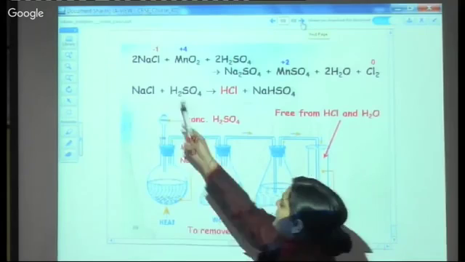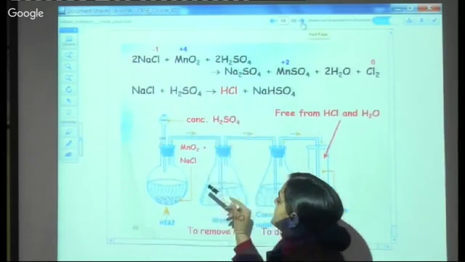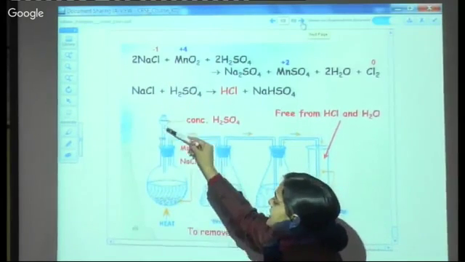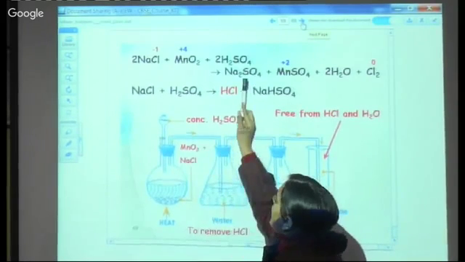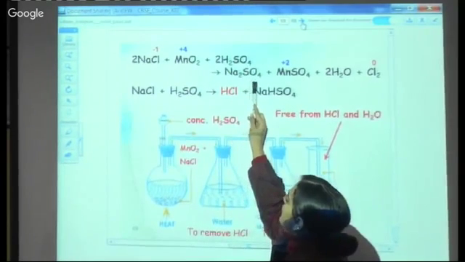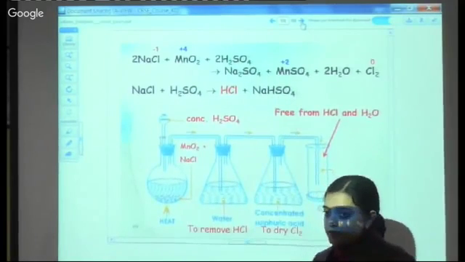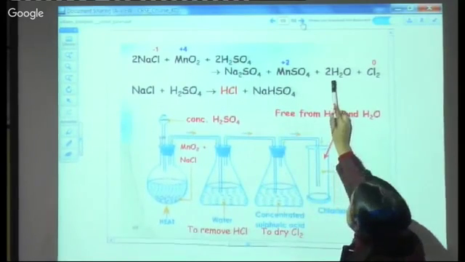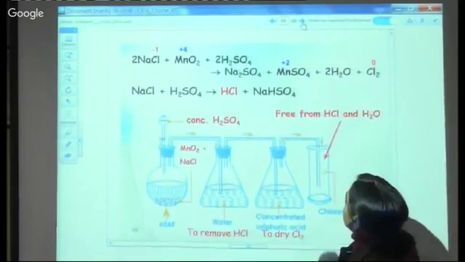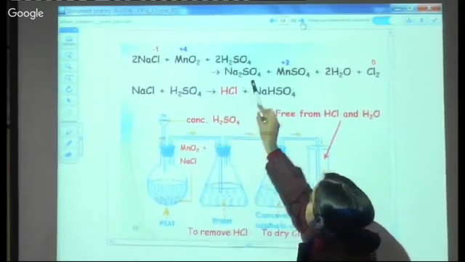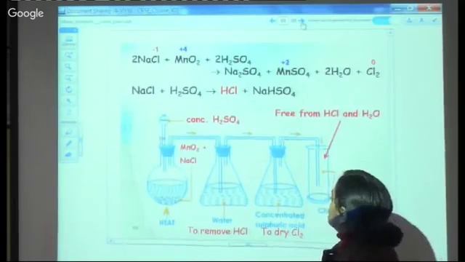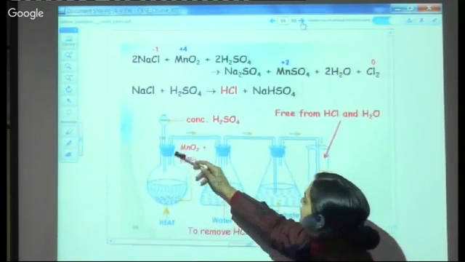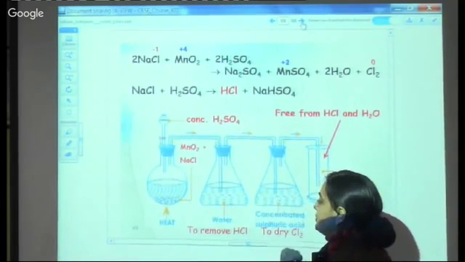Now, when NaCl and MnO2 were taken in this chamber and H2SO4 was allowed to pass into this chamber, what happened? Na2SO4 and MnSO4 formed, right? Along with H2O and chlorine. You can see then water and chlorine, all these were made to move to the next chamber.